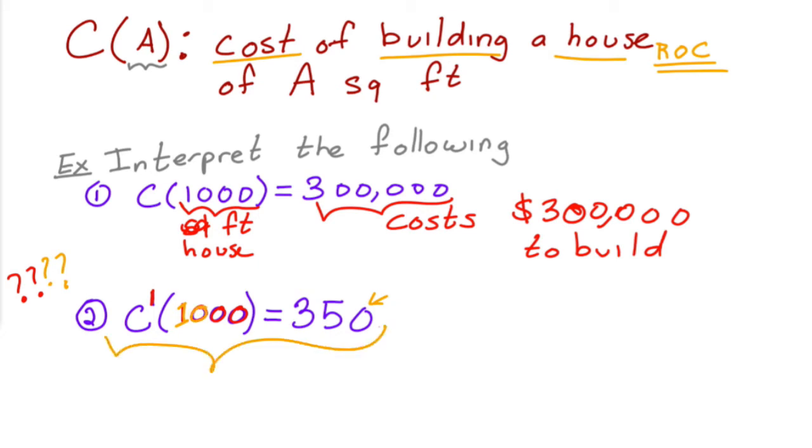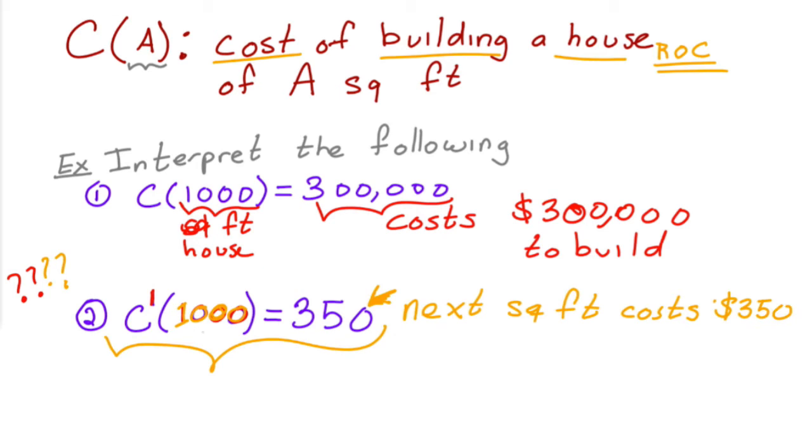Another way of saying this that makes a lot more sense is that once you have built 1,000 square feet, since this is the rate at which it's increasing, the next square foot is going to cost $350.